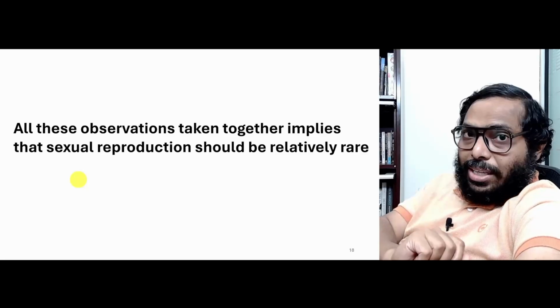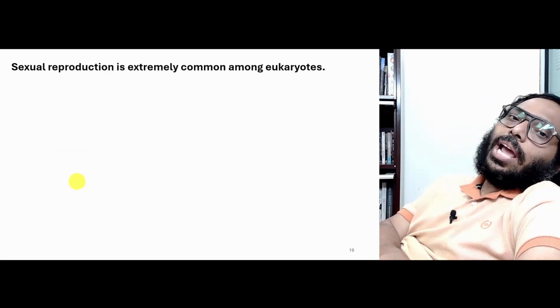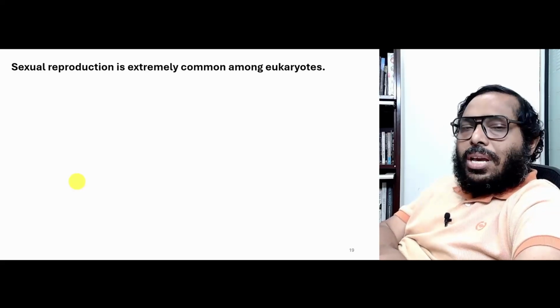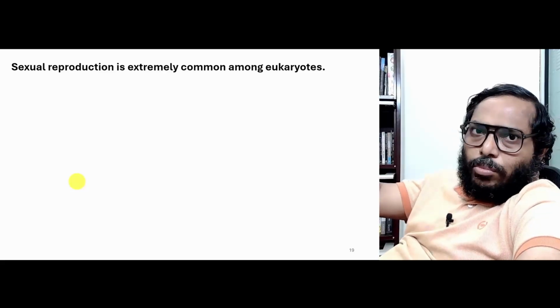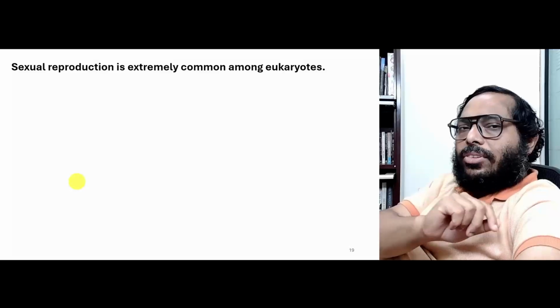So, what does the data tell us? It turns out that if you look at all the organisms, sexual reproduction, particularly amongst eukaryotes, is extremely common. Amongst prokaryotes, bacteria, etc., yes, in most cases they are reproducing asexually, but amongst eukaryotes it is extremely common.